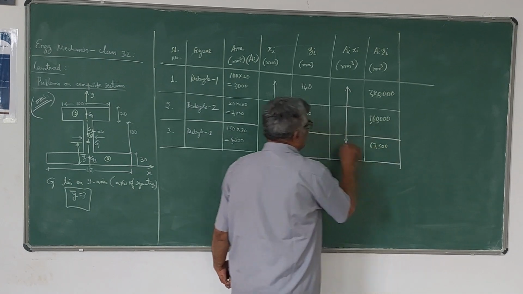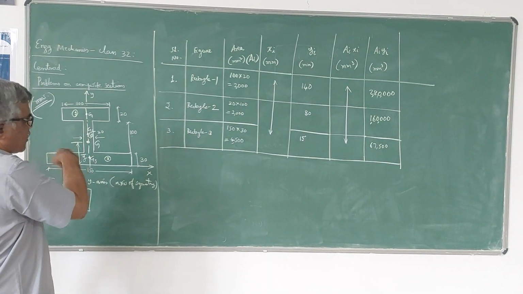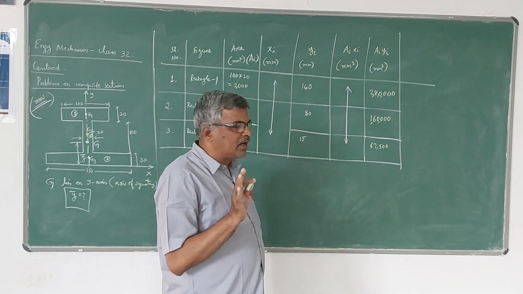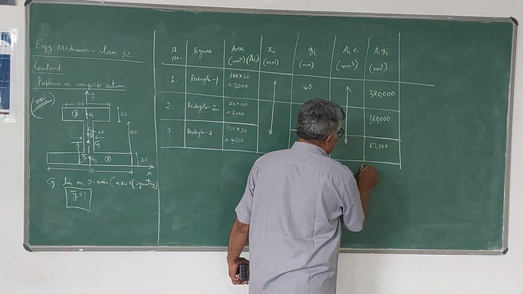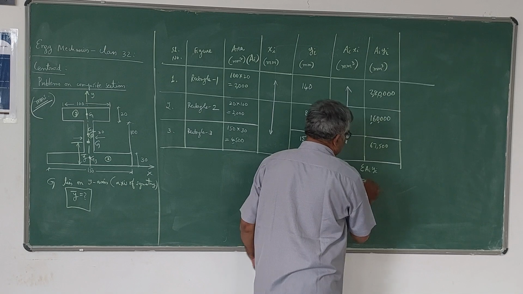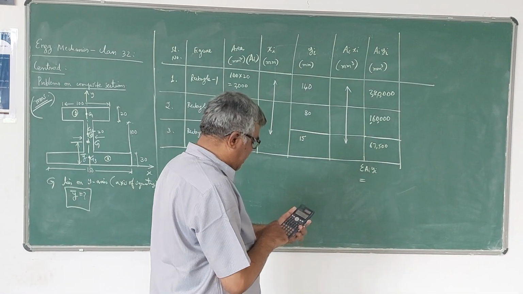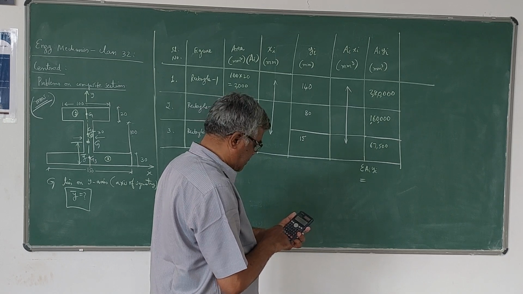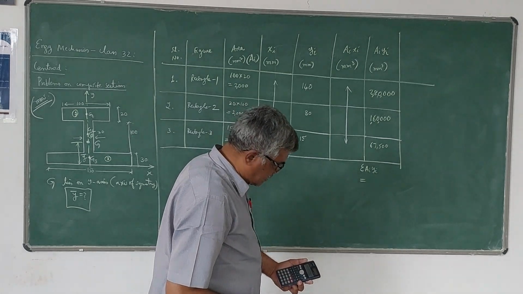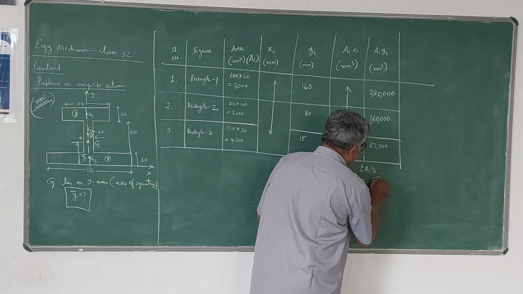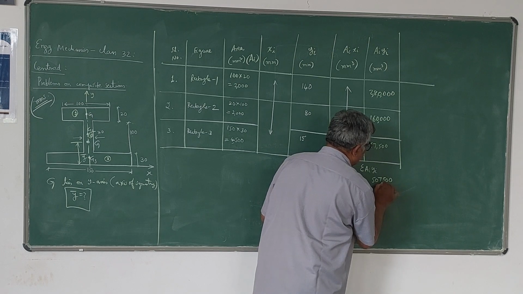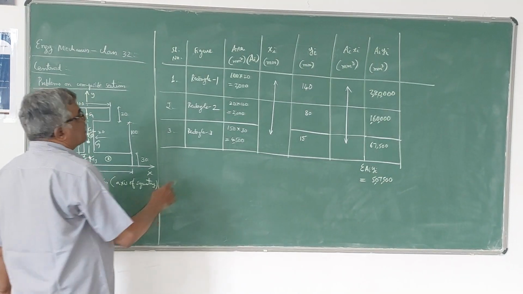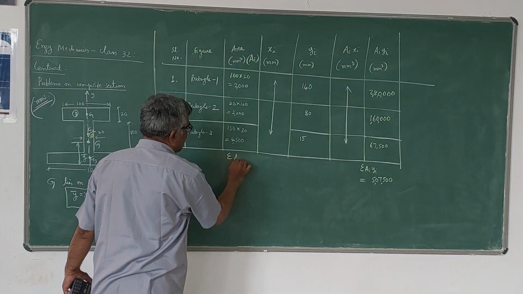Now we have to add. Please note that none of the areas are negative because there is no cutout portion or hole in this given problem. The I section consists of 3 solid rectangular sections. So add all of this, you get sigma ai yi, which is 5,07,500. Now the areas also we have to add to get sigma ai.